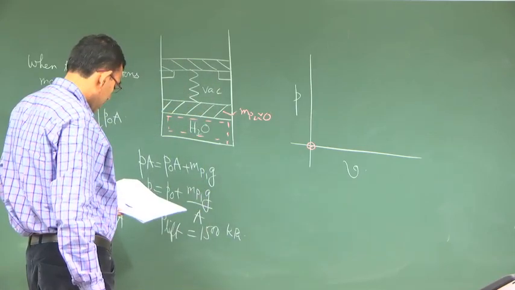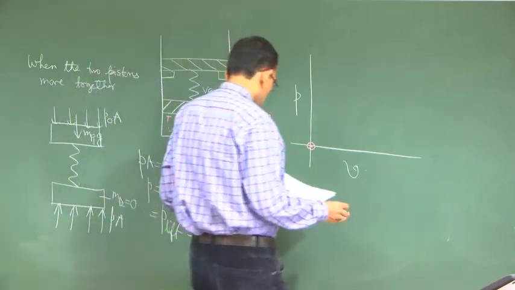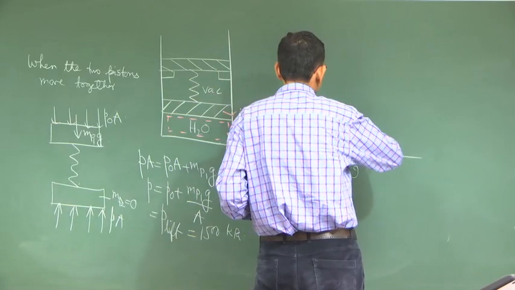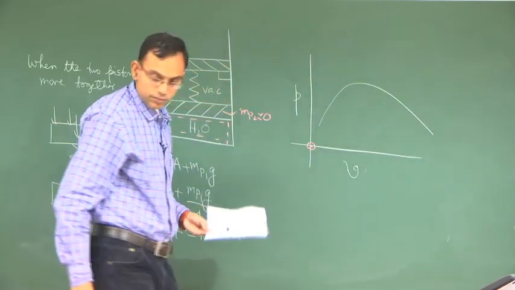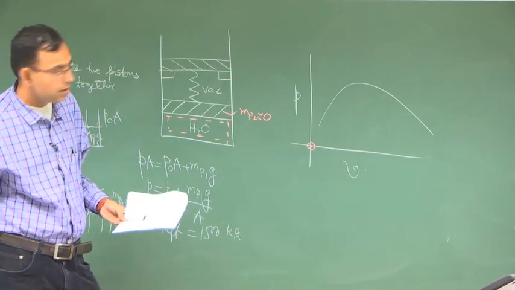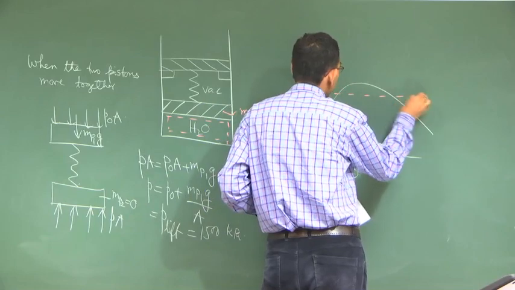So, now let us try to draw the PV diagram. So, this is a two phase region. The P lift, this is 1500 kilopascal, say.